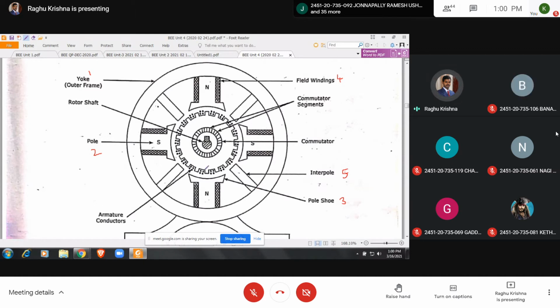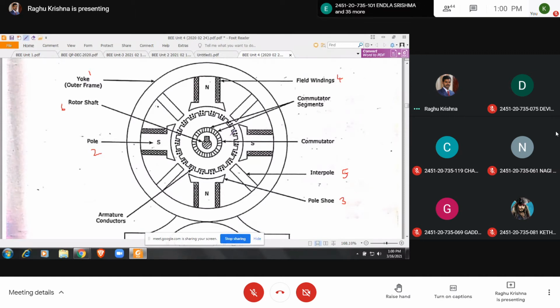So next coming to the rotating part. So on the rotor, first you have the rotor shaft, and so coming to this, this you can put to rotor.